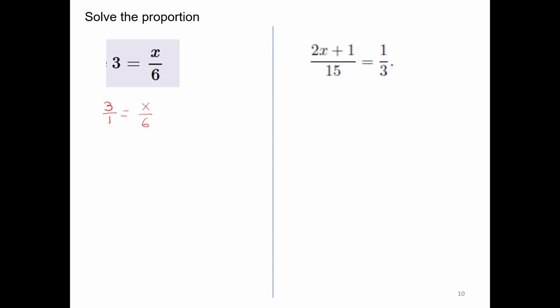And now we can apply the cross product. Then 3 times 6 must be equal to 1 times x. 3 times 6 is 18, and 1 times x we can just write as x. And x equals 18.